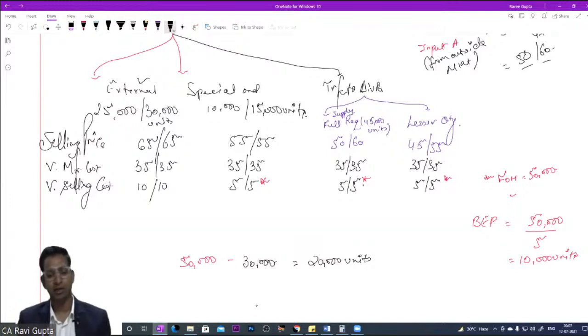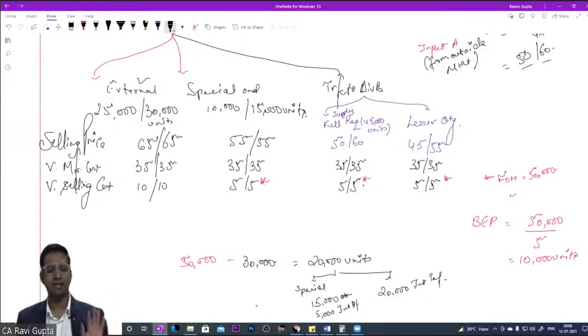It can be utilized either as a special order of 15,000 units, or 5,000 plus 5,000 internal transfer, or a complete 20,000 units internal transfer.